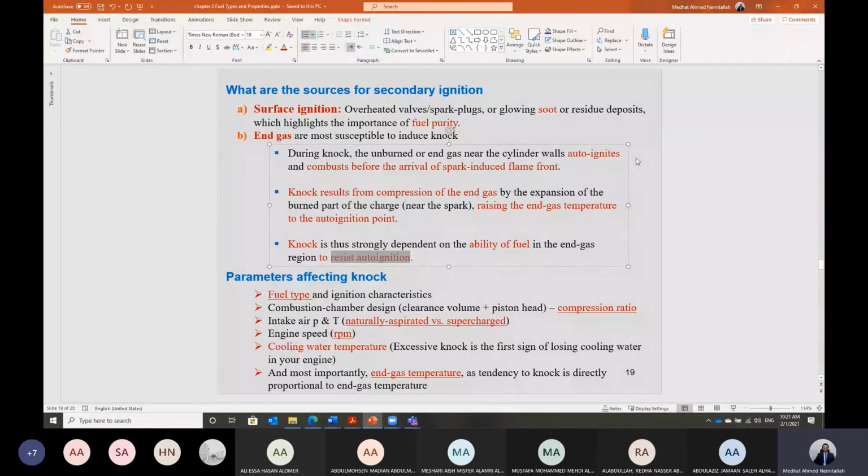So the parameters affecting knocking, mainly we have the fuel type. The fuel has to resist self-ignition inside the cylinder at high pressure and high temperature. Another parameter affecting knocking is the combustion chamber design, the clearance volume.